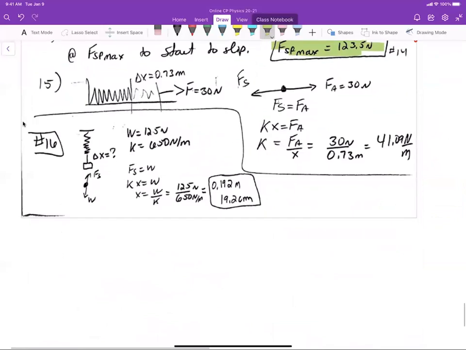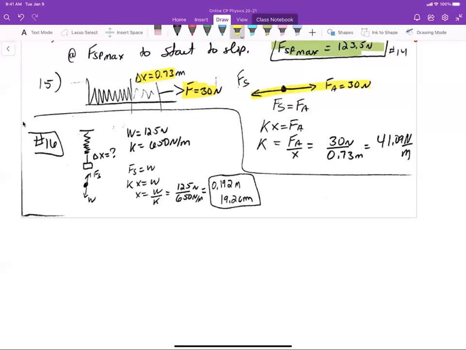These are spring problems. We have a force of 30 newtons. It stretches a light ideal spring 0.73 meters. I have pulled the spring with 30 newtons of force. So here's my sketch, and I stretched it from its equilibrium position 0.73 meters. Here's the free body diagram of that. I'm pulling to the right, force of the spring is pulling to the left.